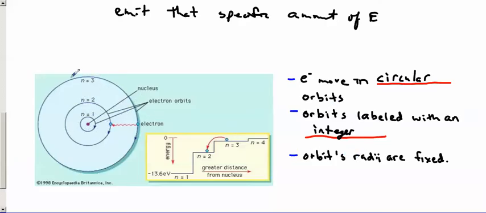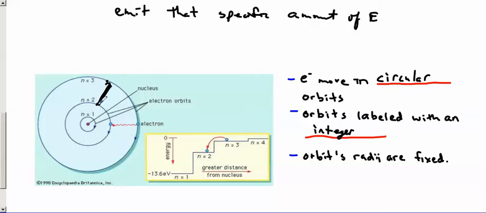These radii are fixed, and so if an electron is, let's say here, and it wants to move up to level 4, it's going to have to absorb a photon of energy of exactly this much energy. Not a little bit more, not a little bit less.